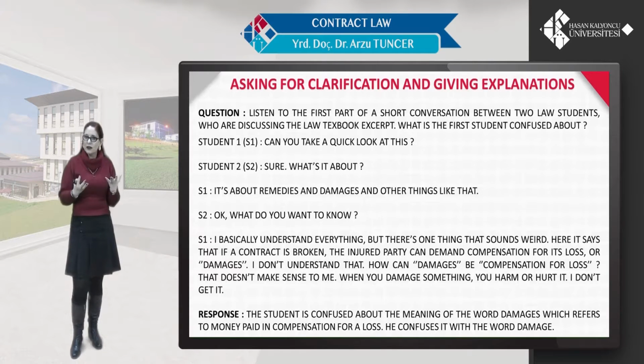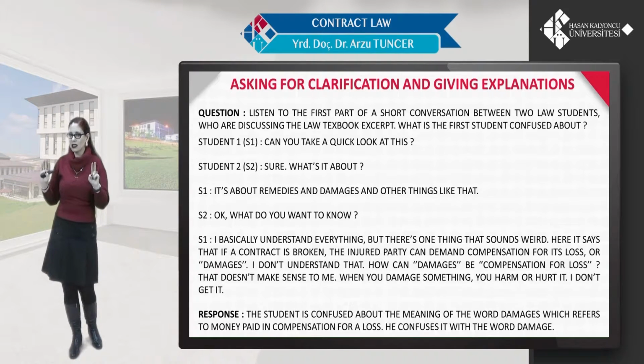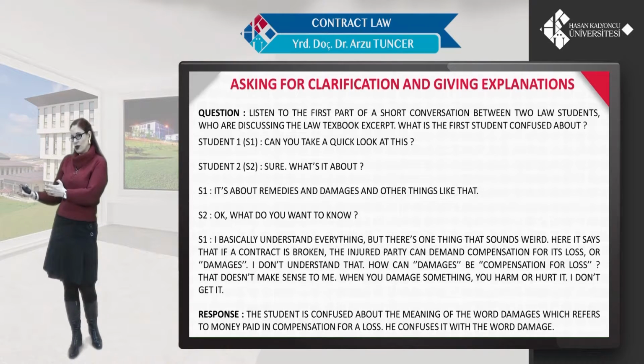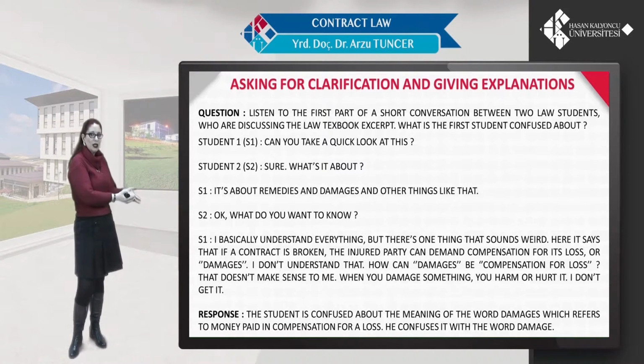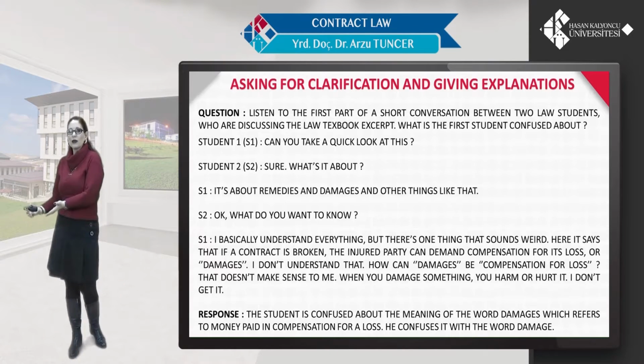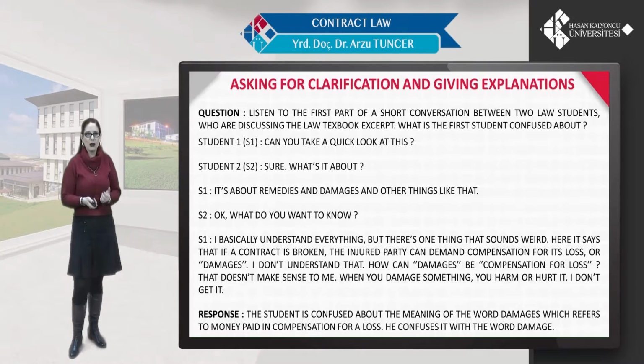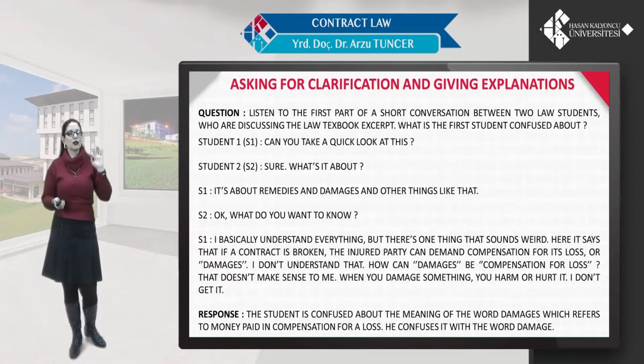This student is confused about the meaning of the word damages, which refers to money paid in compensation for a loss. He confuses it with the word damage. That's why I already mentioned to you, pay attention, damage is something else. Damages is a legal terminology, equal to compensation, which refers to money paid in compensation. The other one is to hurt something, to harm something. So, this is the legal term.